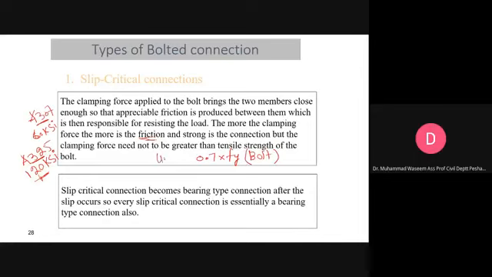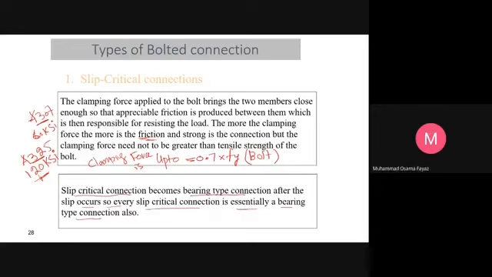You can say the clamping force is up to this much. Please remember, slip critical connections become bearing type connection after slippage occurs. So every slip critical connection is essentially a bearing type connection. Is that clear to all of you?